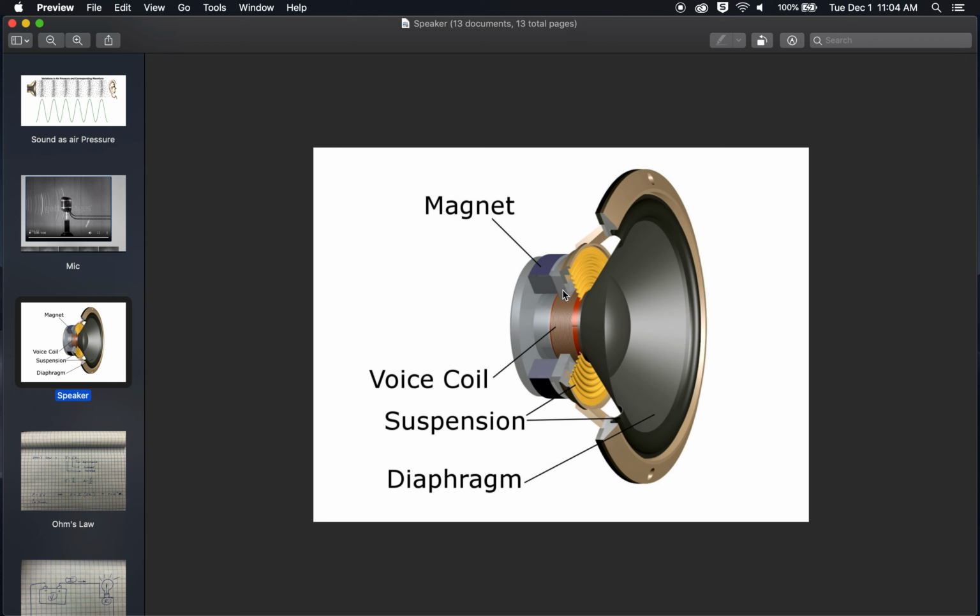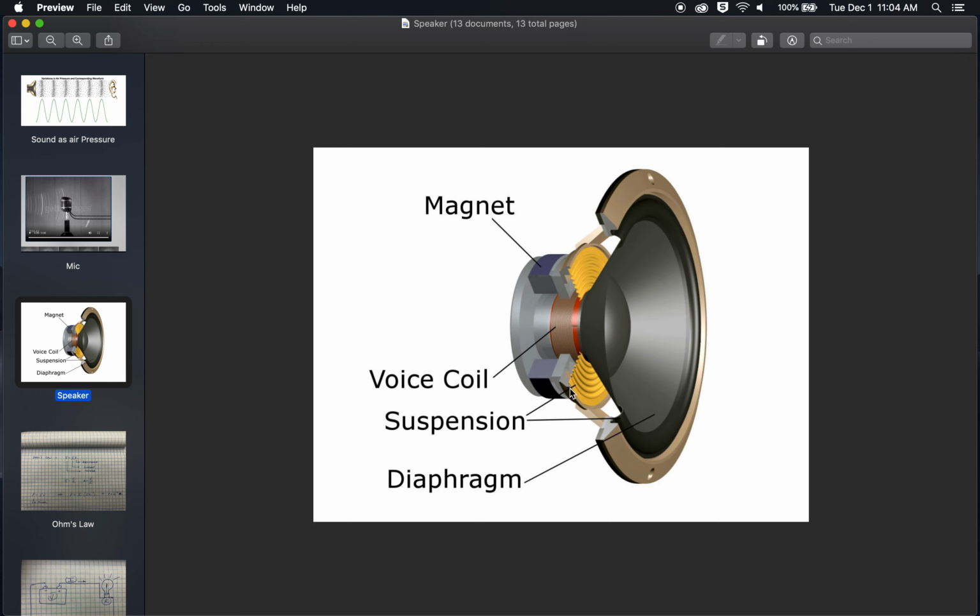So the magnet is generating a magnetic field that is fixed, right? And as the voltage and current is going through this coil of wire, that is disrupting the magnetic field that is existing there. Because of that disruption, it actually causes the coil to move.